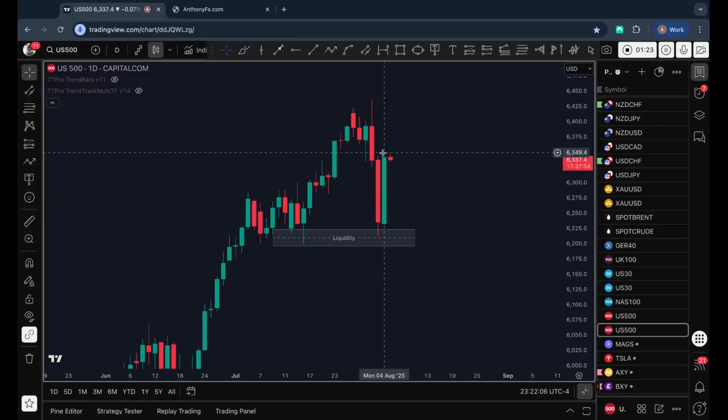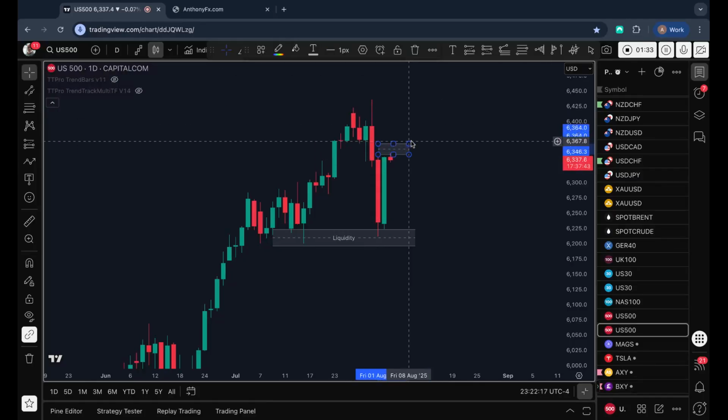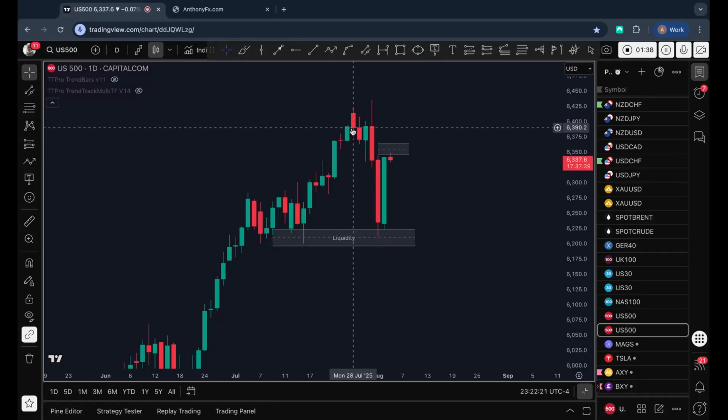The next liquidity pool, given that there are two candles here, is right there. Now you've got this distribution level, and we've also got this really strong momentum with this down and then back up again.